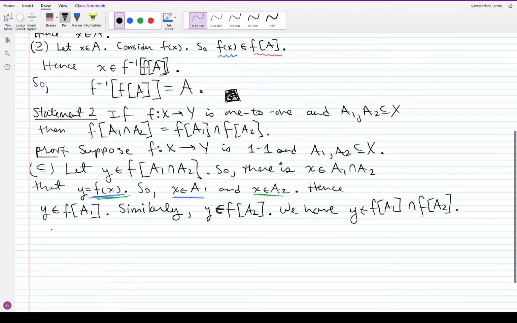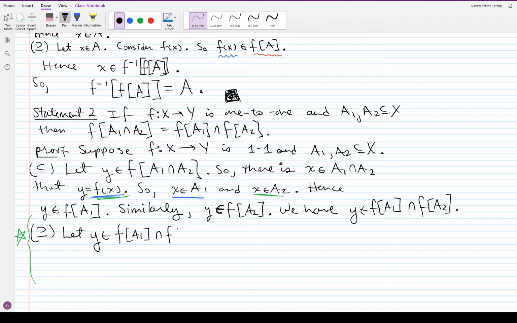Okay, notice that one-to-one was not used there. That observation is true in general, and it turns out that one-to-oneness is only used in the other direction. Okay, for the other direction, let's let y be in the image of A1 intersect image of A2.